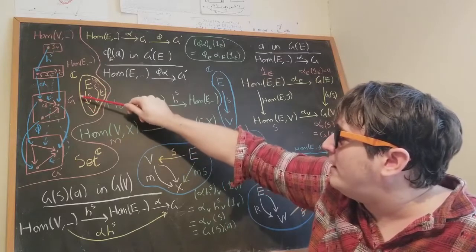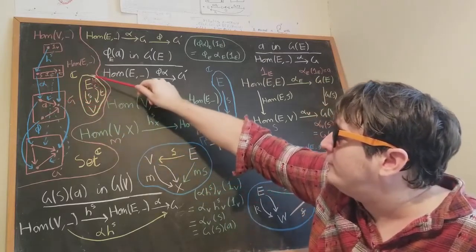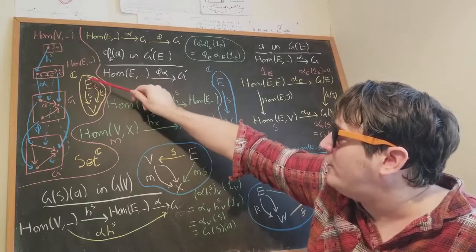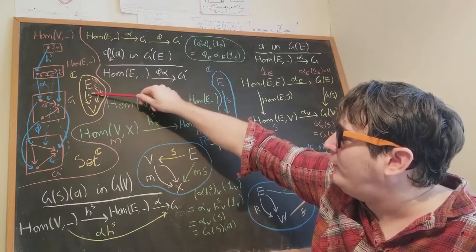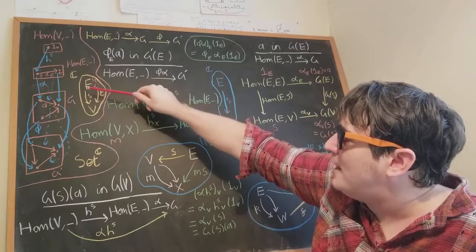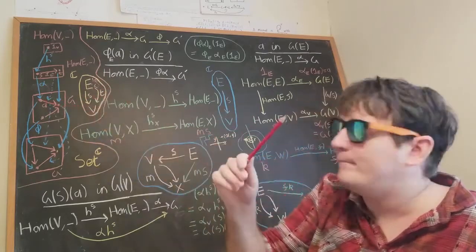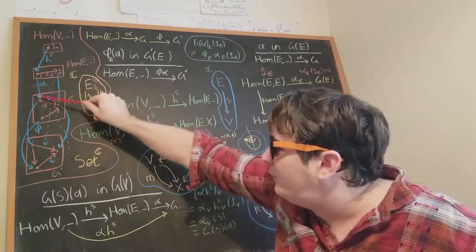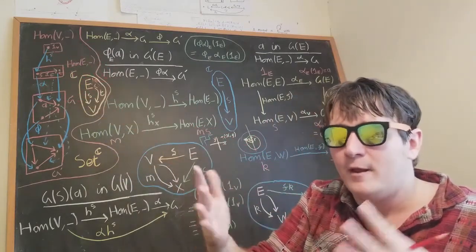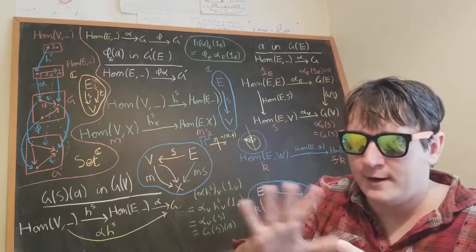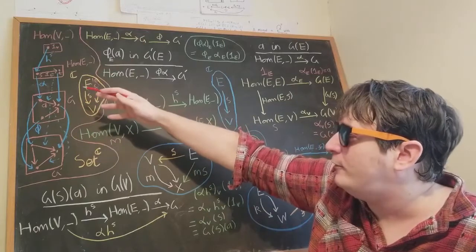I know that A here is an element of G of E, the thing that this object got sent to under our functor. And I know that G of S is this function, and if I apply G of S to A, then I'll get this vertex V, which is the source vertex of A. So that's the kind of element-centric approach. So that's how we describe this process in terms of elements.